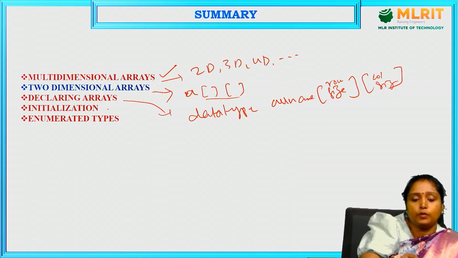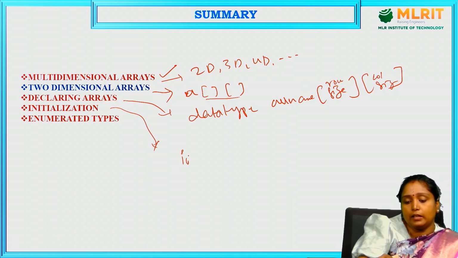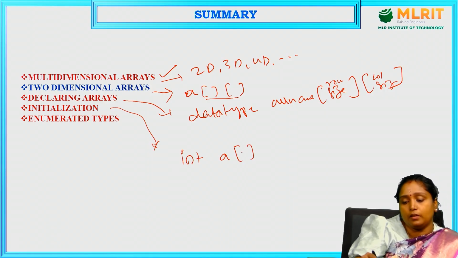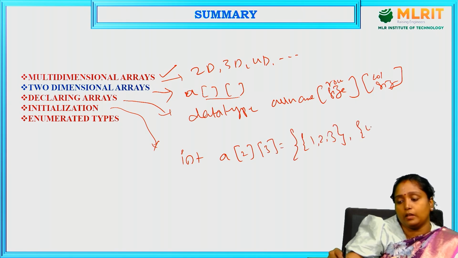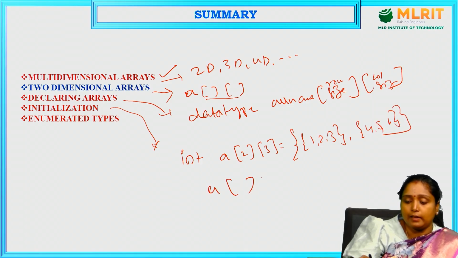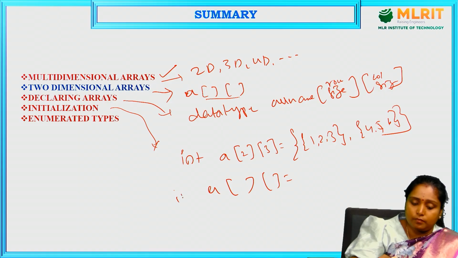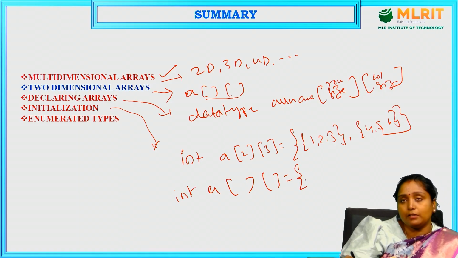And how can you initialize it? int a of 2, 3 equals 1, 2, 3, comma 4, 5, 6. You can initialize like this, or at the time of declaration also.